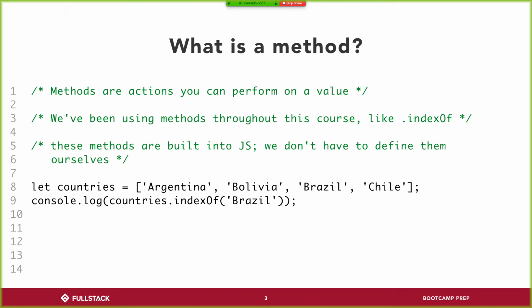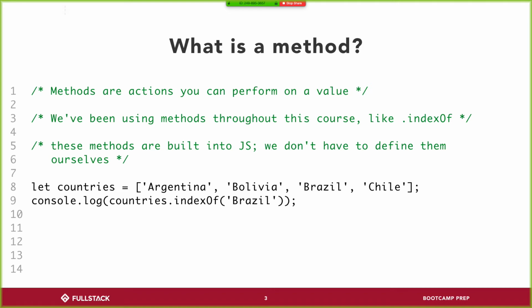But basically what happens is there's this delegation process. Obviously countries itself doesn't have the method indexOf, but there's this delegation chain where if it can't find it in that object, then it'll look in a different object that it delegates to. So it goes up this structure, this chain.